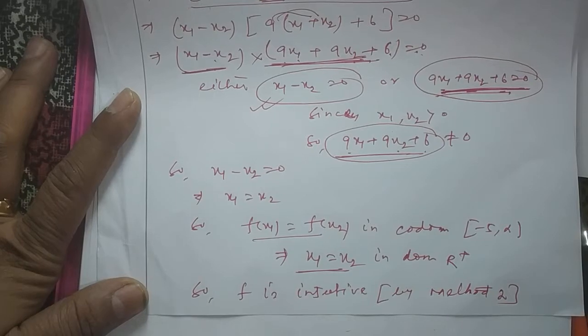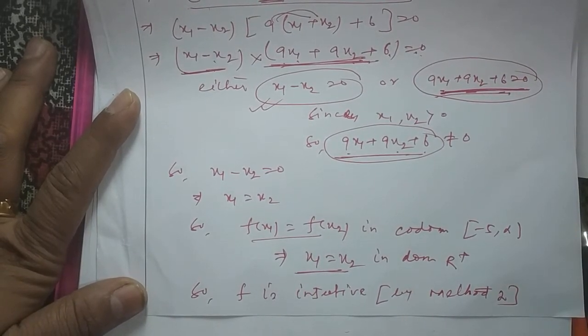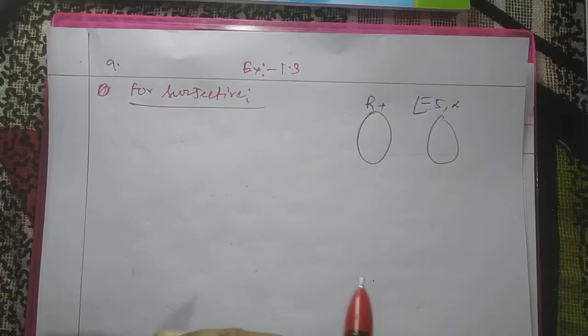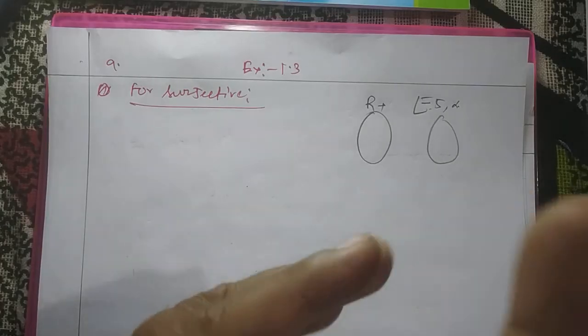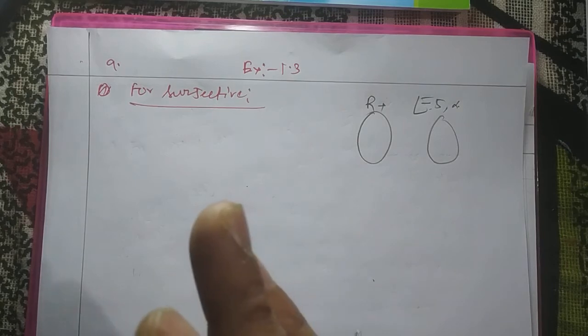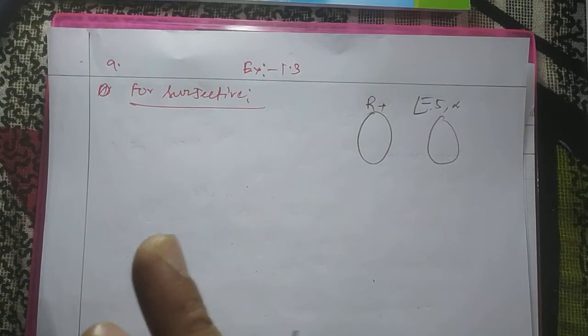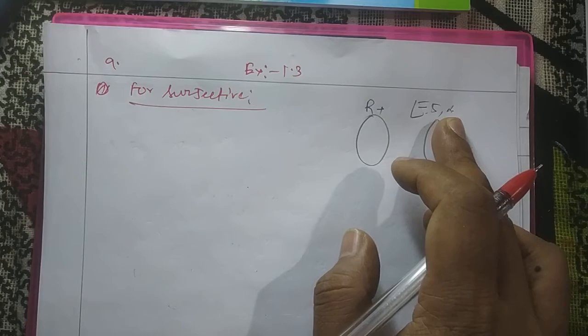Understood? Now let us check the surjectivity. For the surjectivity, first we need to pick an element from the codomain set, minus 5 closed, infinity open.